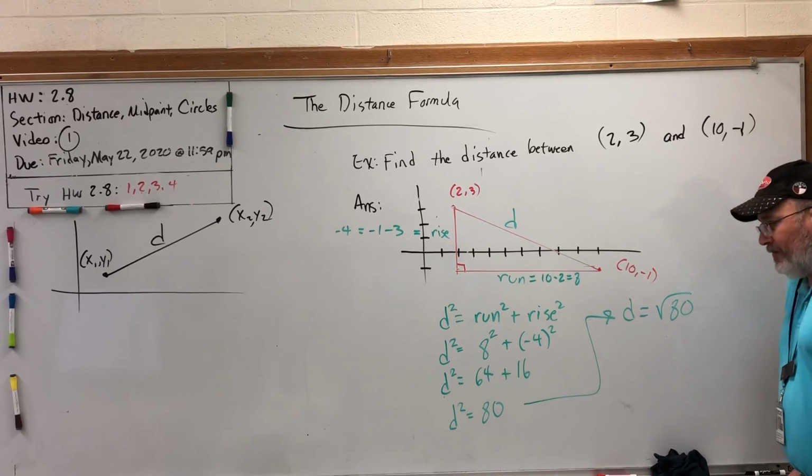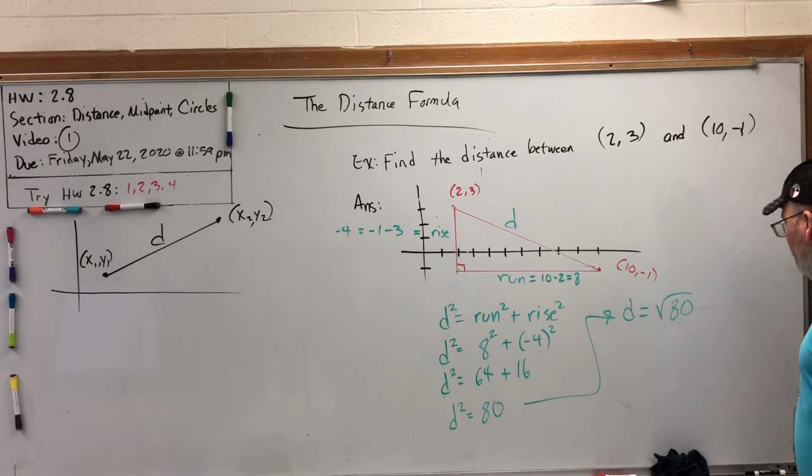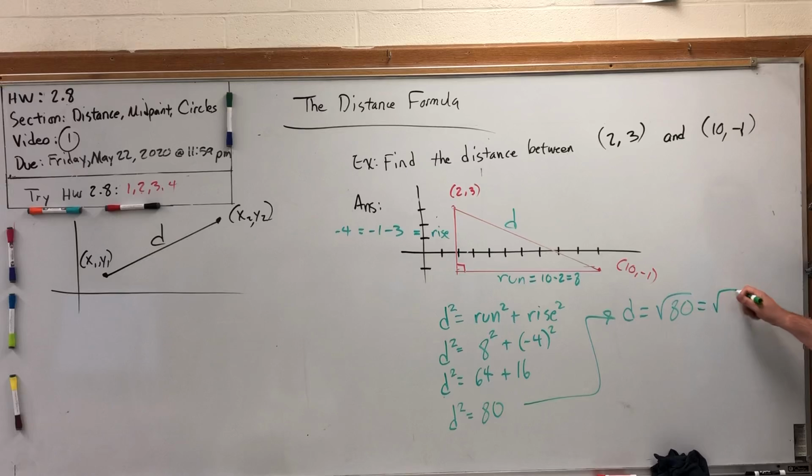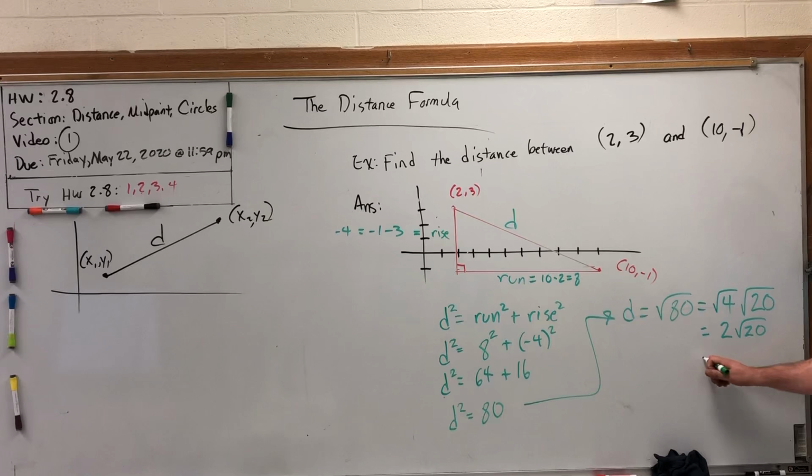If it were the square root of 81, we would just call it 9. But we can break off something and square root it. I know this is at least divisible by 4, and 4 is square rootable. So 4 goes into 80 20 times, and the square root of 4 is 2. But even that's not good enough, because we've broken down a 20 before.